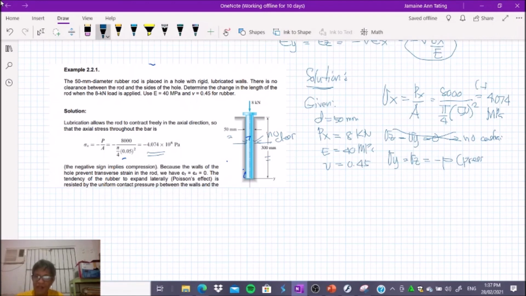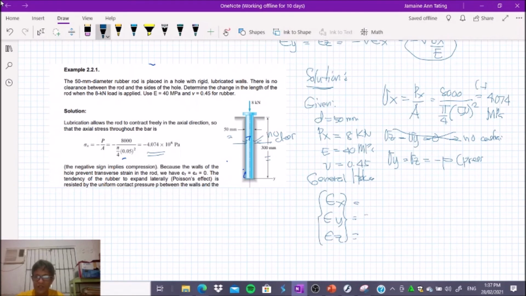Now, from the General Hooke's Law equation, we have strain in X, strain in Y, then strain in Z. Actually, this is the equation that I use.